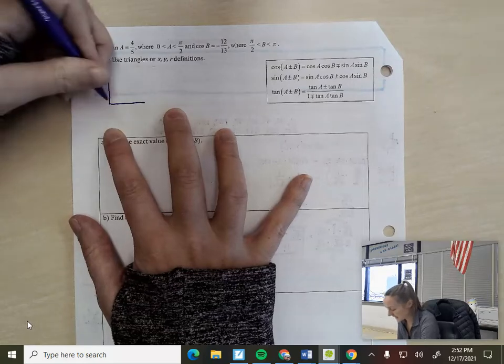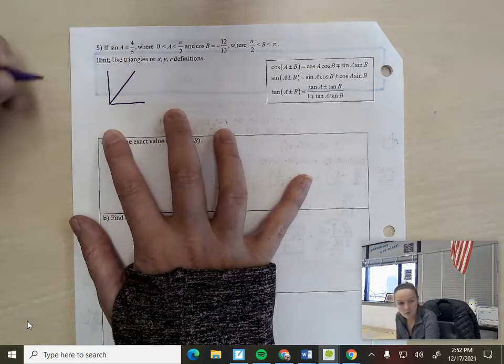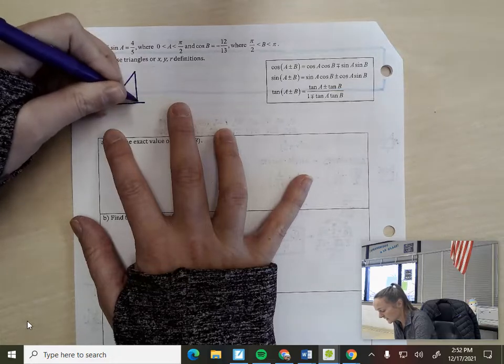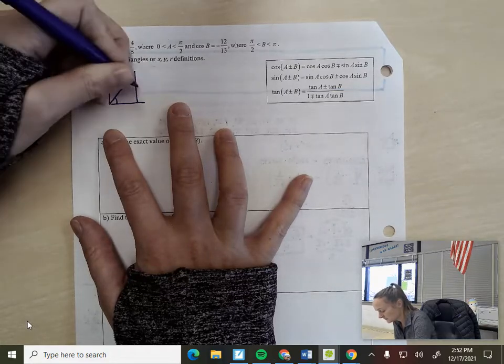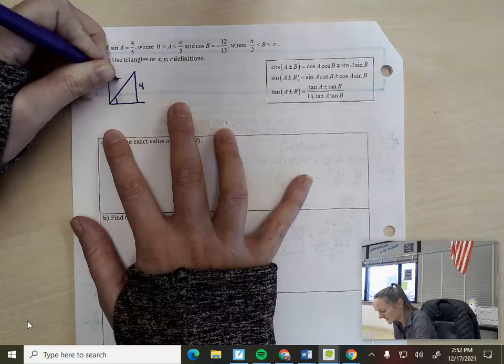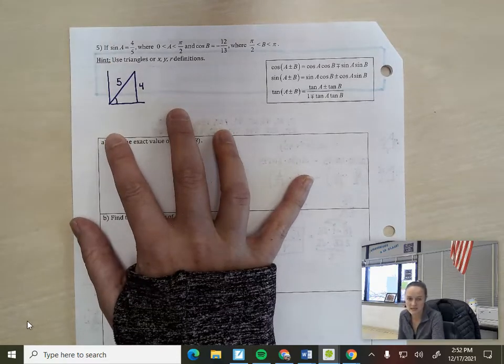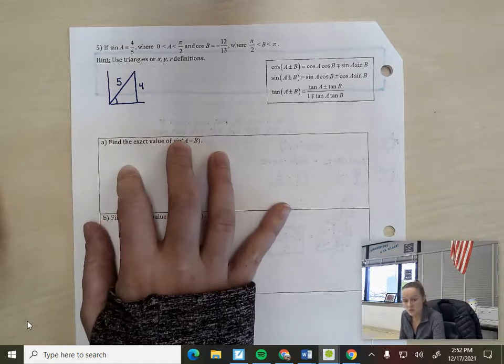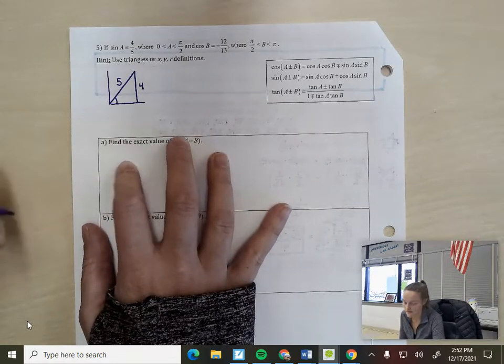And if the sine of the angle is 4/5, I know that 4 is the opposite side of the angle, and 5 is the hypotenuse because sine is opposite over hypotenuse. So I can use those two sides to find the third side.